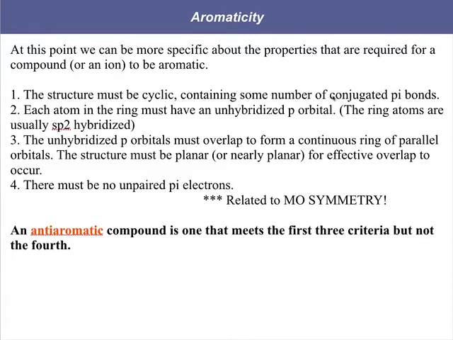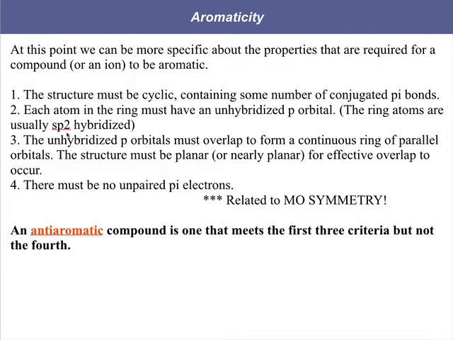It doesn't have to be conjugated around the total structure. We'll see some examples, but it needs to have some number of conjugated pi bonds. Every single atom in the ring needs to have an unhybridized p orbital, and this is normally the case where the ring atoms are going to be sp2 hybridized.